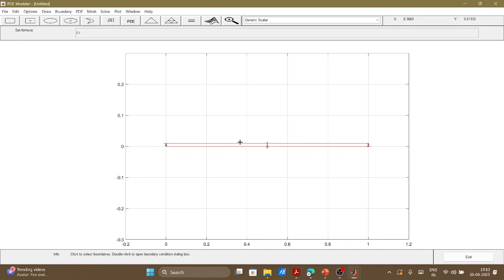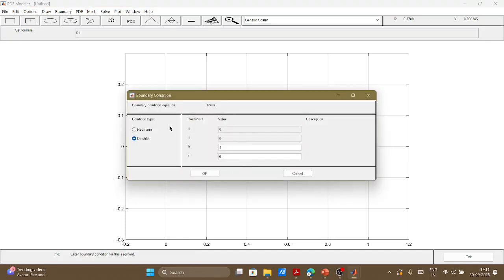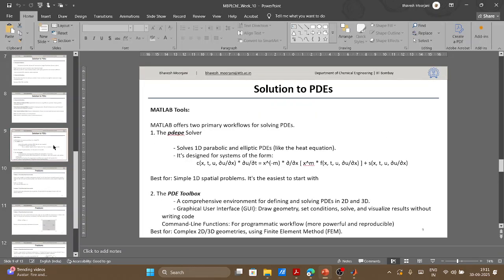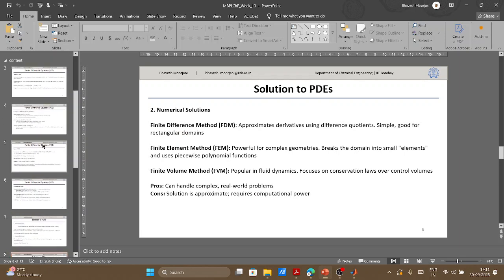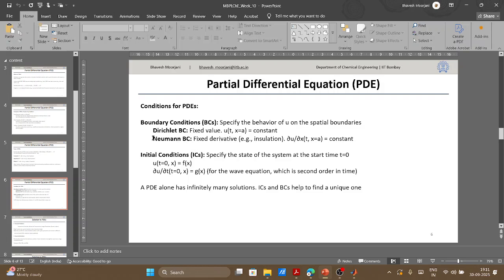Clicking on any of them will open the toolbox to put the boundary condition. Now, as I was discussing, the boundary condition can be differentiated into 2 types. One is the fixed value of your function, that is the Dirichlet boundary condition, and the second is the Neumann boundary condition, which is based on the derivative of your variable, right?